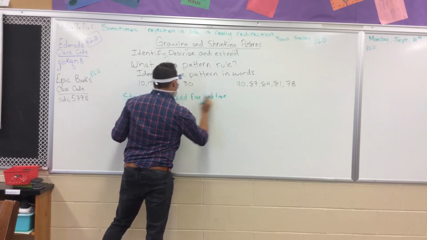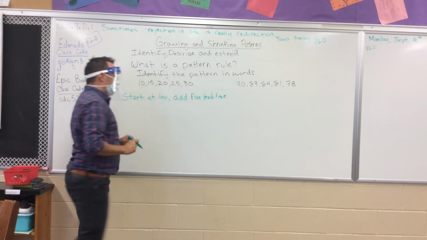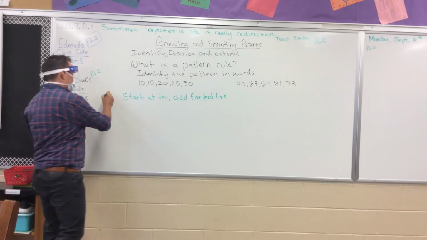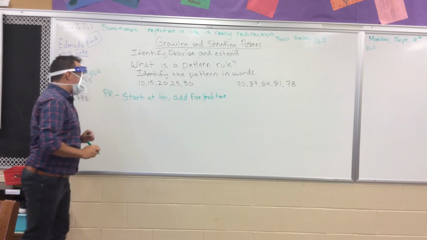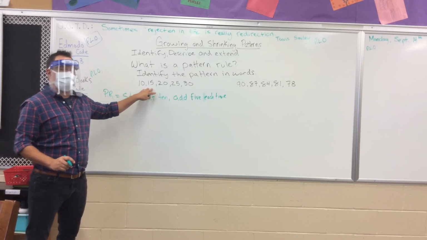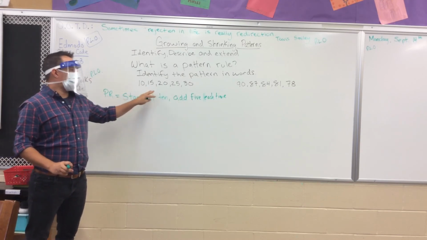Now, I should have went like this. Start at 10, add 5 each time. This is our pattern rule, okay? In this case, we're going to write over here PR. So our pattern rule equals start at 10, add 5 each time. And that's what we can see here, right?